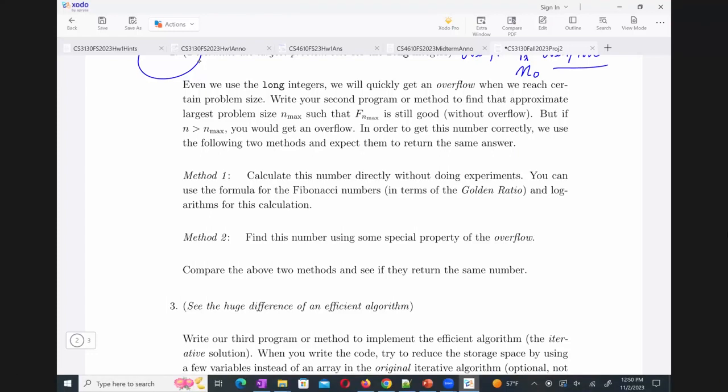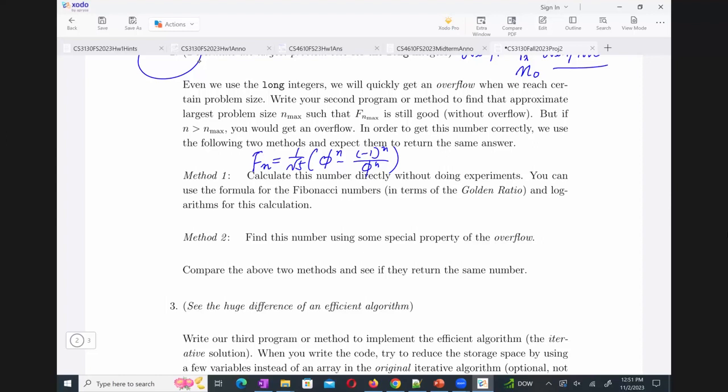First, let's recall the Fibonacci formula: F_n equals 1 over root 5, parenthesis, phi to the n minus negative 1 to the n over phi to the n. Right, that's the formula. This formula is exact, not an approximation.